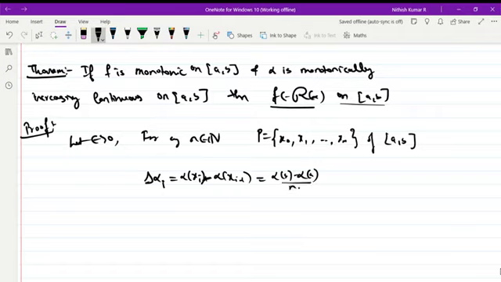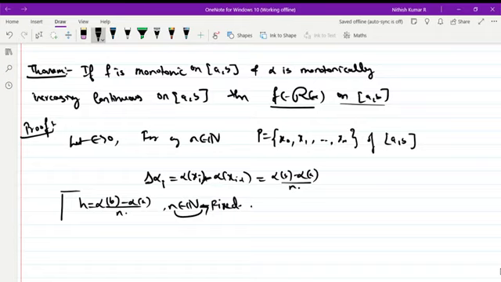Now, what is the guarantee that such a partition exists? For that, take h equal to alpha of b minus alpha of a divided by n for a fixed n belongs to N. This n is fixed.